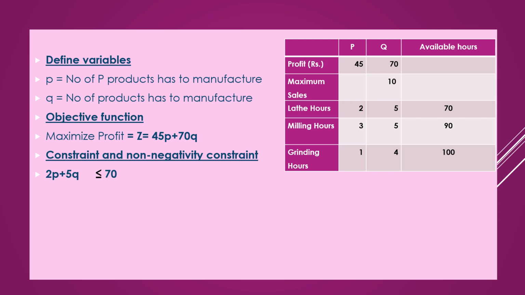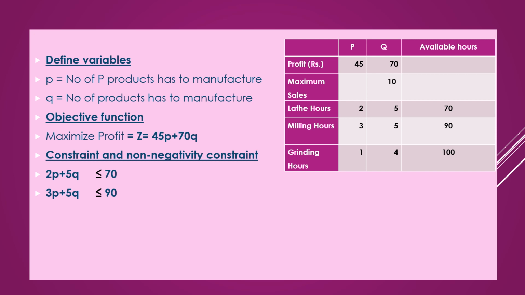So let's move on to the milling hours. Each unit of P needs 3 hours and each unit of Q needs 5 hours of milling. So we can write the formula as 3P plus 5Q. Since there is a restriction of hours, this should not be exceeded. Therefore, it is less than or equal to 45.